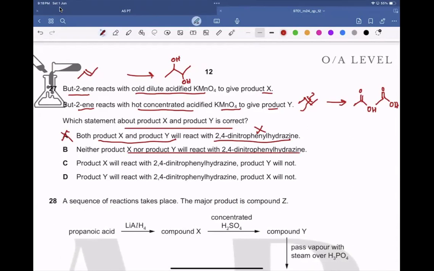Yes, that seems to be a correct answer, because neither product X nor product Y contains an aldehyde or ketone. So it seems right. Product X reacts with no. Product Y reacts with no. So we are left with only one option, which is B. So B is the correct answer. Is this understandable to all of you?